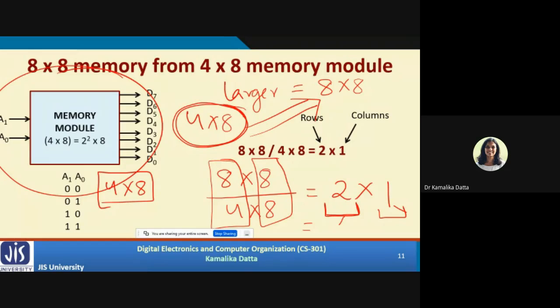For doing so, you divide the total size required by the total size available with you. You get 2x1. So 2 such modules will be required, which will be organized in 2 rows and a single column.